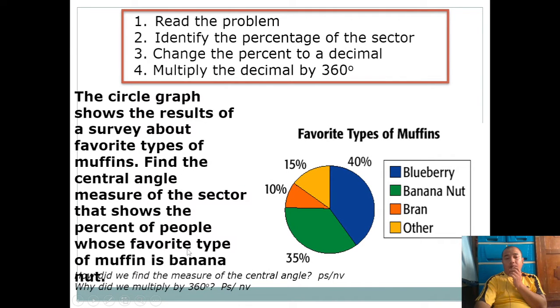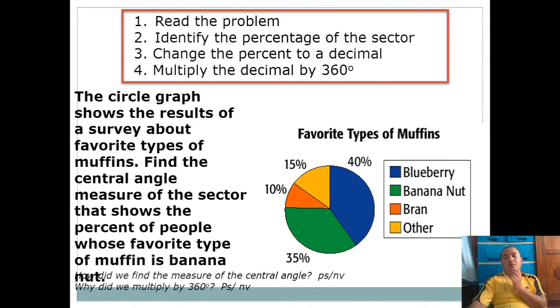And for that type of muffin, banana nut, the green one, 35% is 0.35 times 360. That's equal to 126 degrees. Okay. For the banana nut, 126 degrees. For the blueberry, 144 degrees. How about for the other brand?